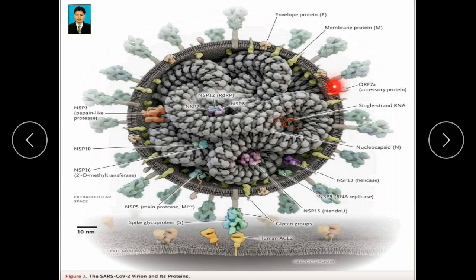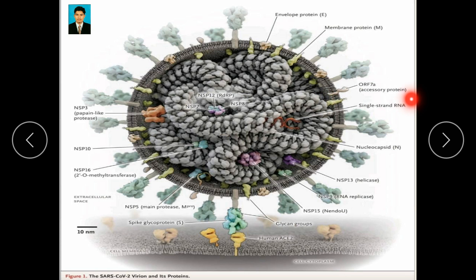Okay, so this is the membrane of this coronavirus. These are the spike glycoproteins. Those proteins which are embedded inside the membrane are called transmembrane proteins. So this is a membrane protein. Then the open reading frame is an accessory protein which is also present in the membrane, with a little bit of it outside.